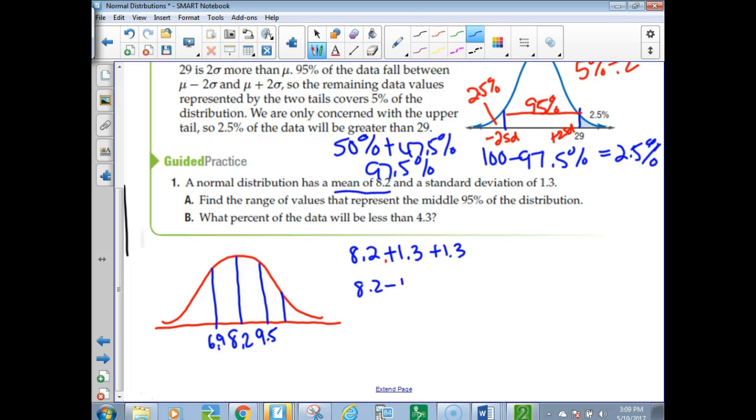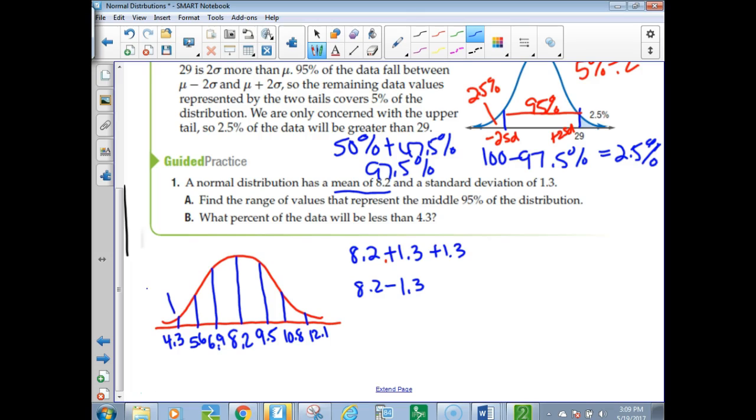Now I'm going to do another addition. It's at 10.8. And then where would 3 standard deviations be? 12.1. Okay, going in the other direction, 2 standard deviations to the left would have been 5.6. And then one more would be 4.3.